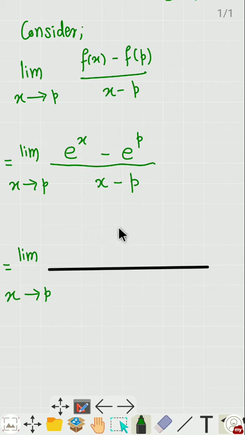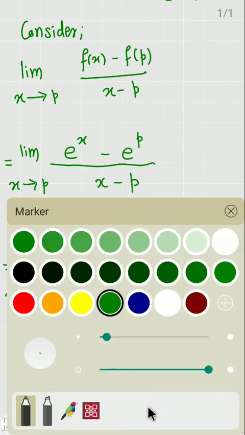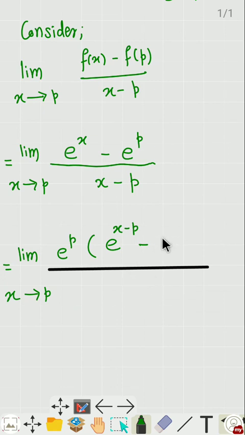Let us take e raised to the power p outside, and inside the bracket, e raised to the power x minus p minus 1, and whole divided by x minus p.